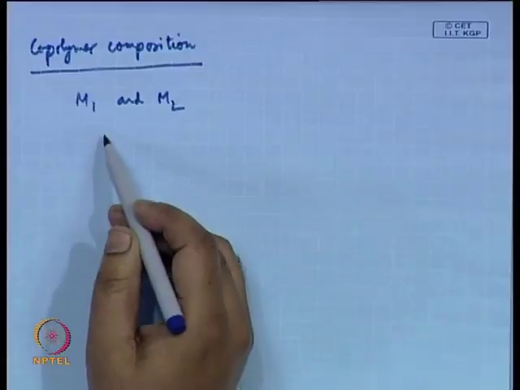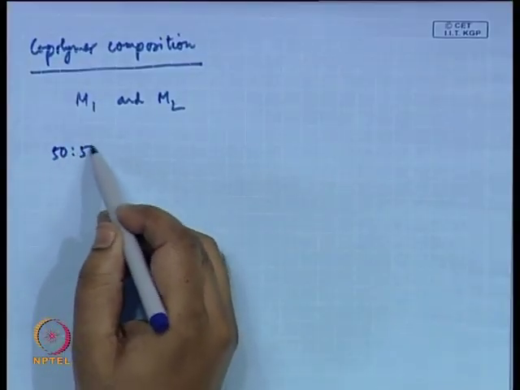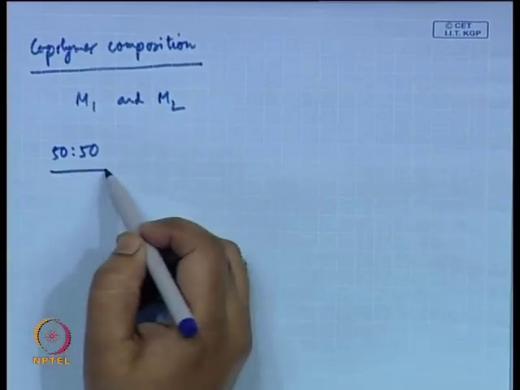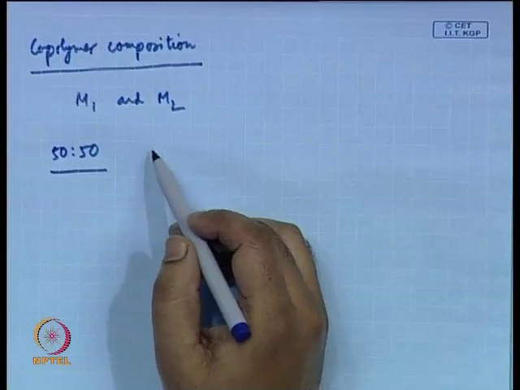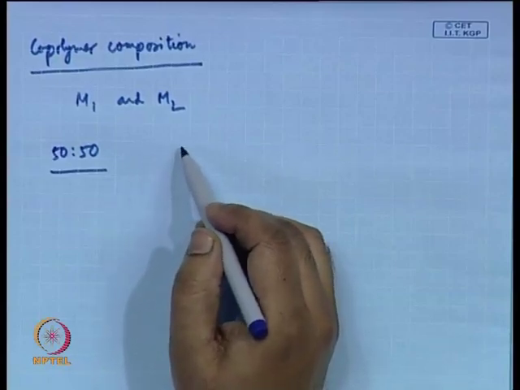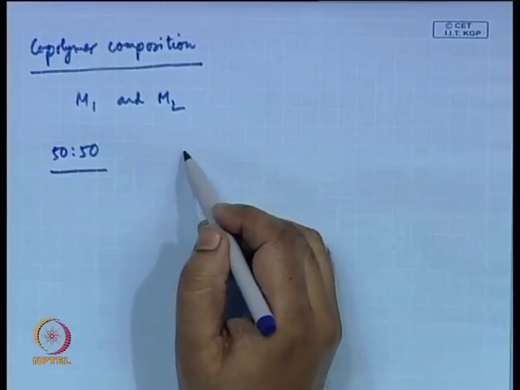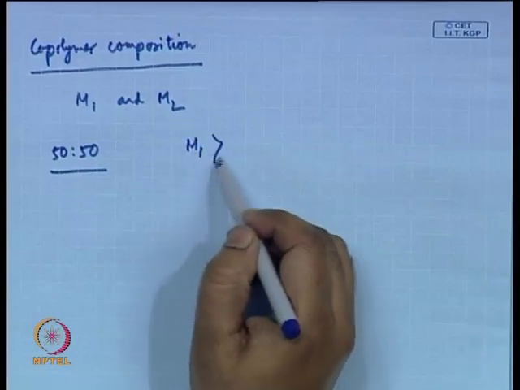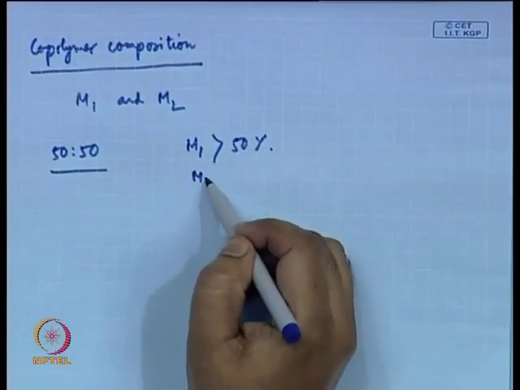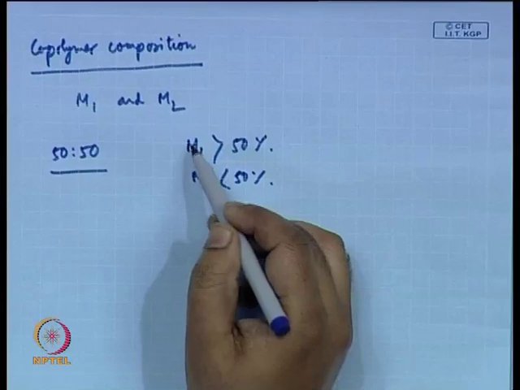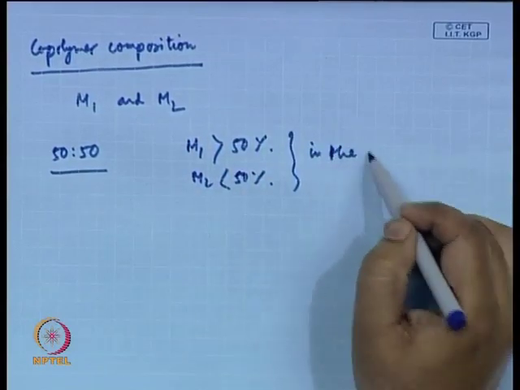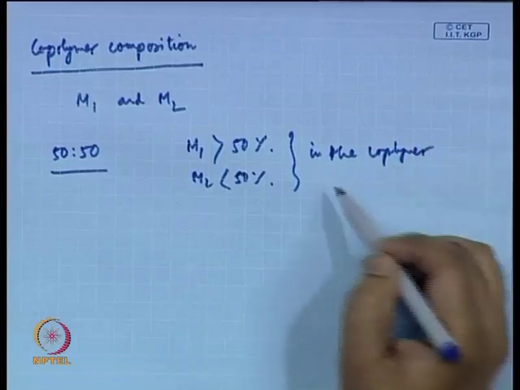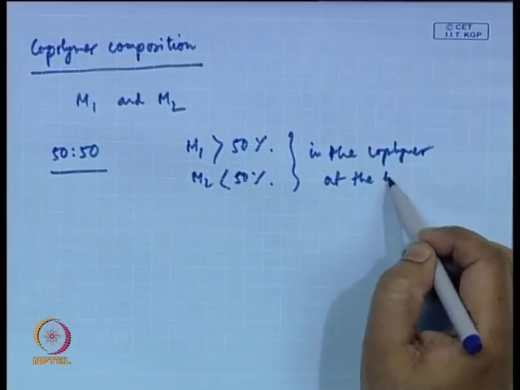So, as a result, if you start with, say, a 50-50 ratio of M1 and M2, at the beginning you will get a copolymer which will have M1 greater than 50% and M2 less than 50% in the copolymer at the beginning.